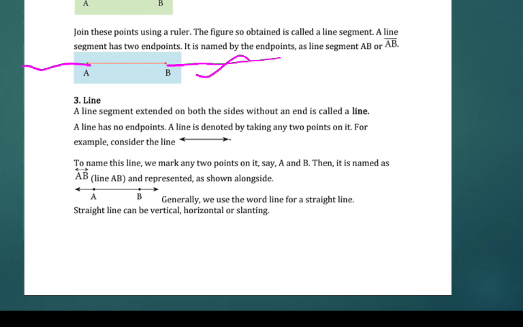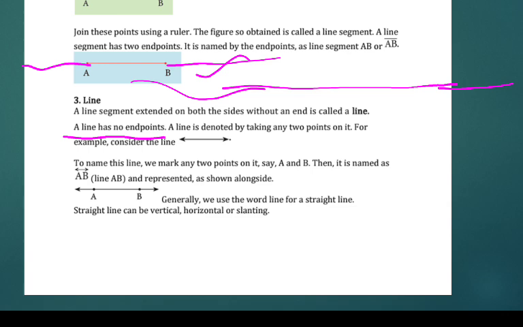It has no end. It is moving like this on both sides. So without an end, it is called a line. A line has no end points. So underline the words: a line has no end points.